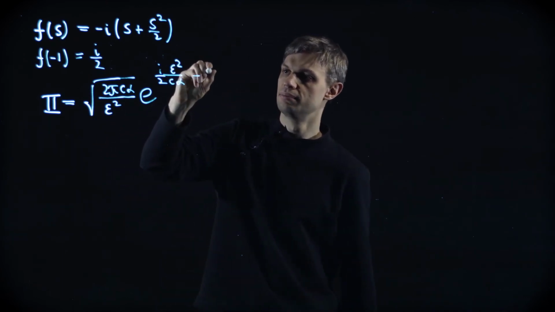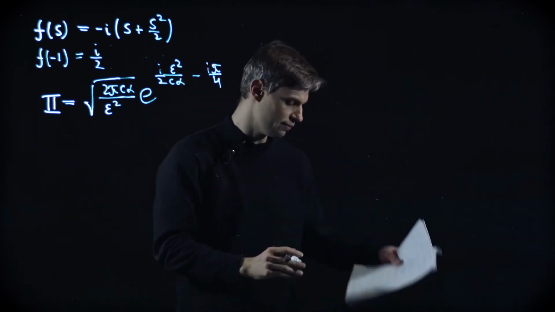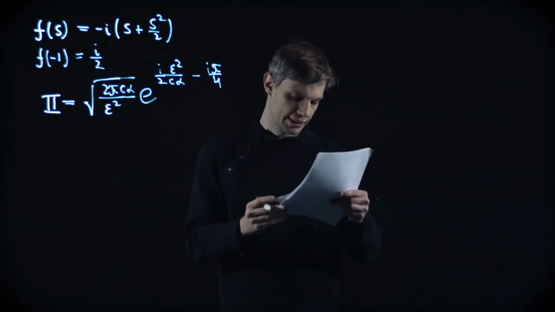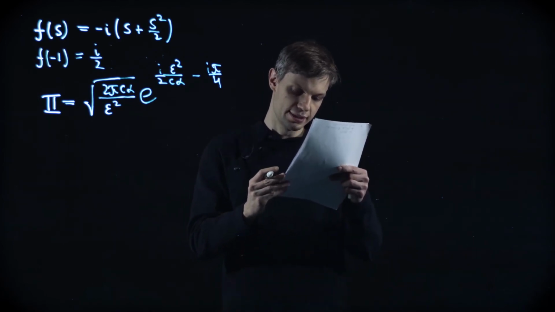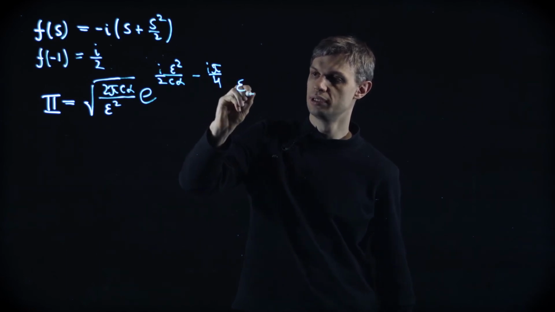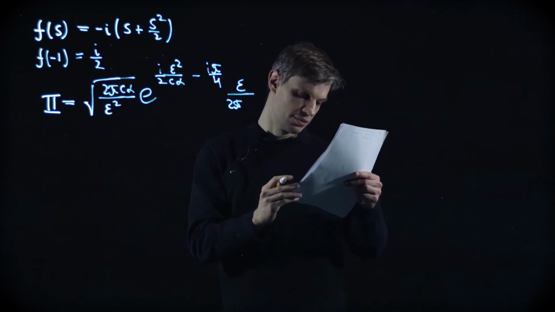So it's minus i pi by 4. Right. And the rest is just this epsilon over 2 pi C prefactor.